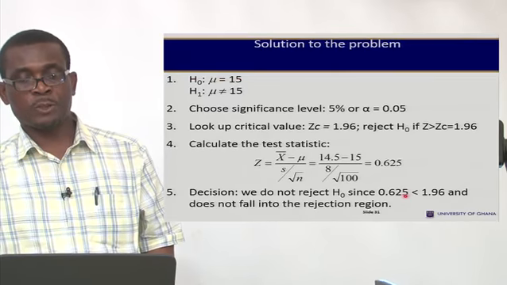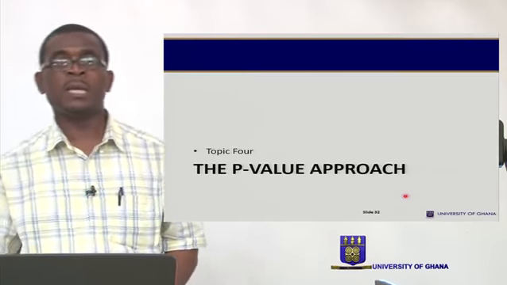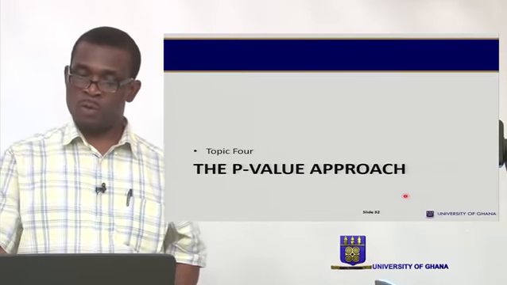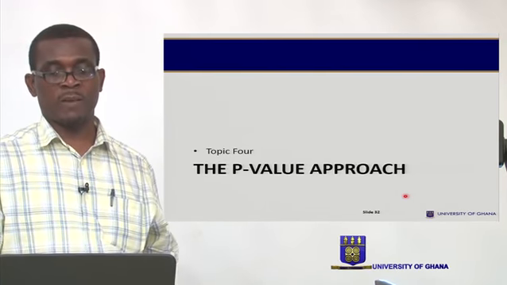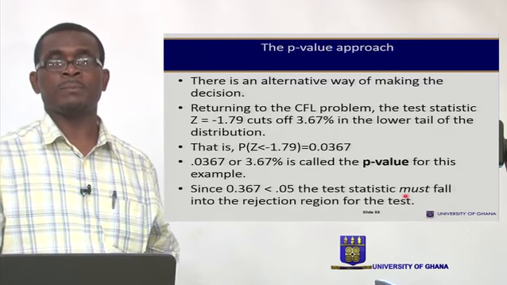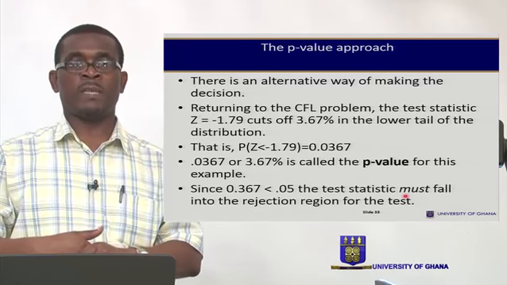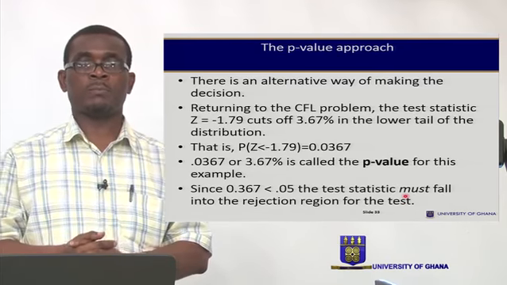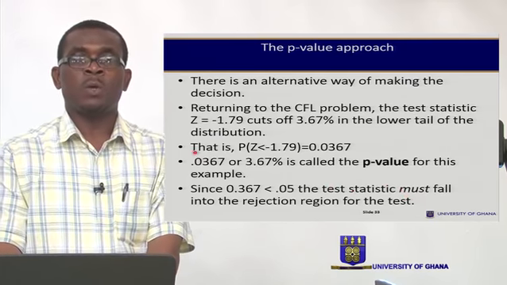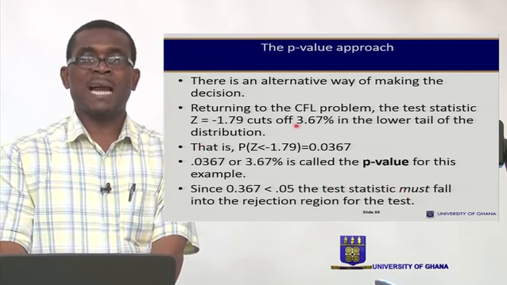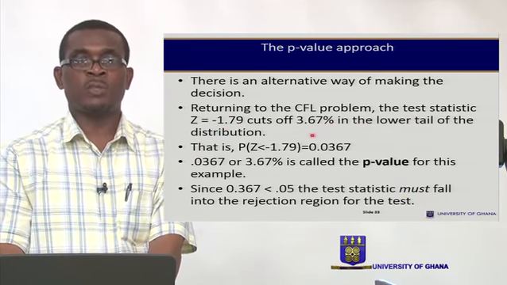Now, another way to determine whether or not to reject the null hypothesis is to use what we call the p-value approach. The P stands for probability, so p-value means probability value, right? So let's return to our earlier example of the CFL bulbs. The test statistic Z equals minus 1.79, and it cuts off 3.67% in the lower tail of the distribution.